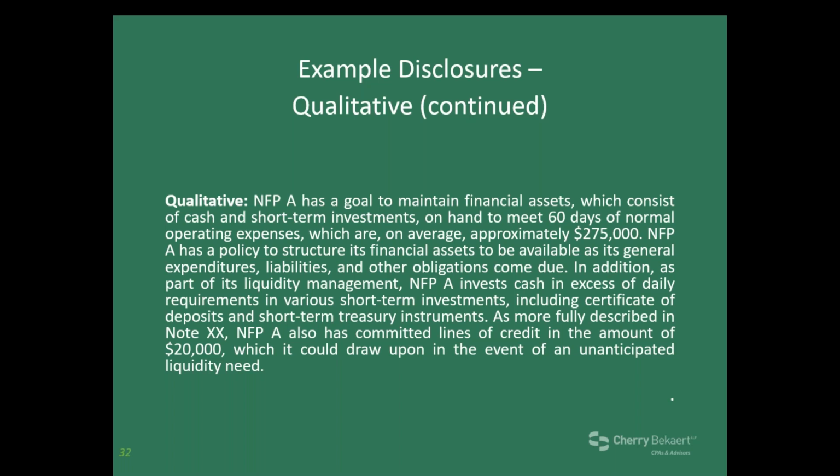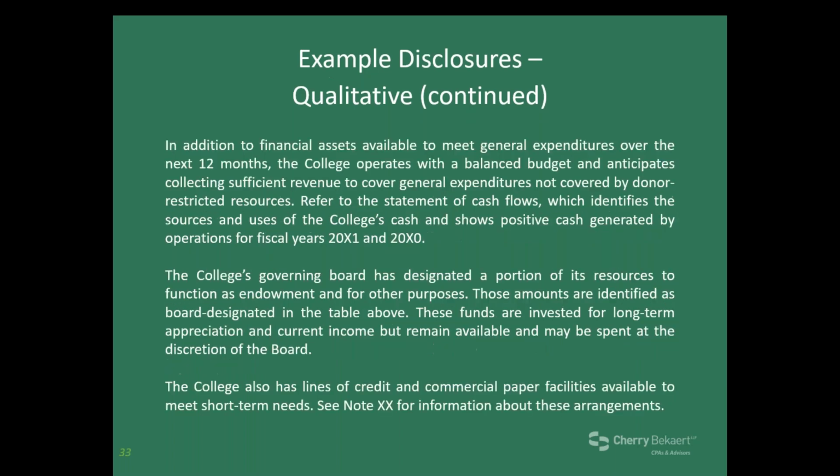Unanticipated, to me, means they're short on cash and run into something where they need cash. This one's a little bit less detailed, but the ASU doesn't have a specific requirement on how long it has to be, so this could serve its purpose.